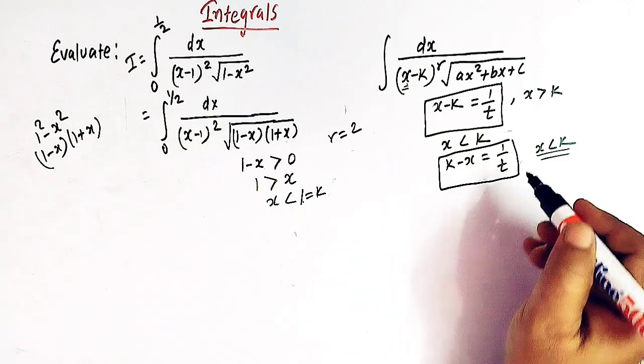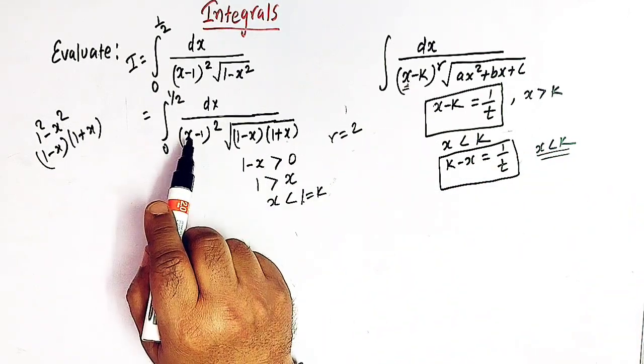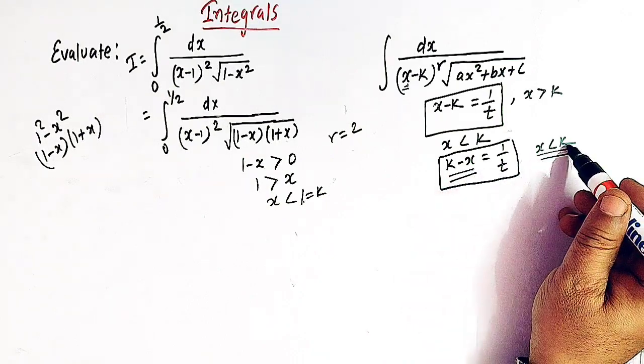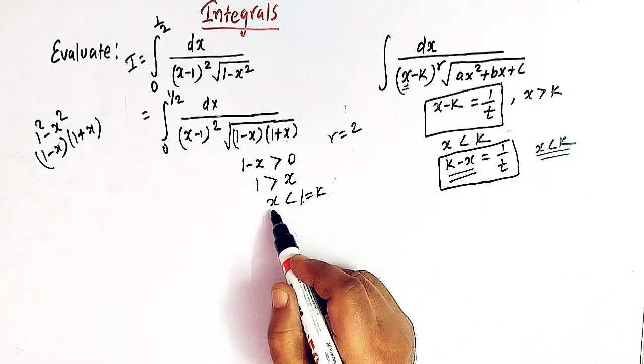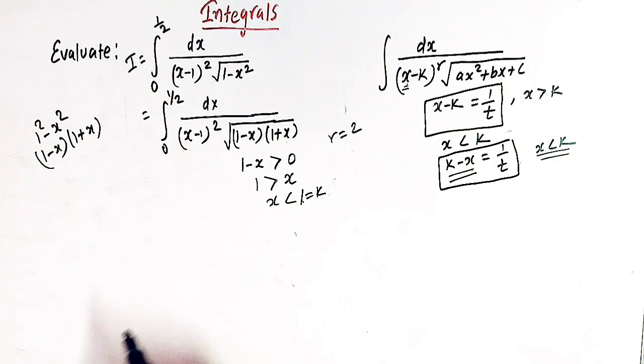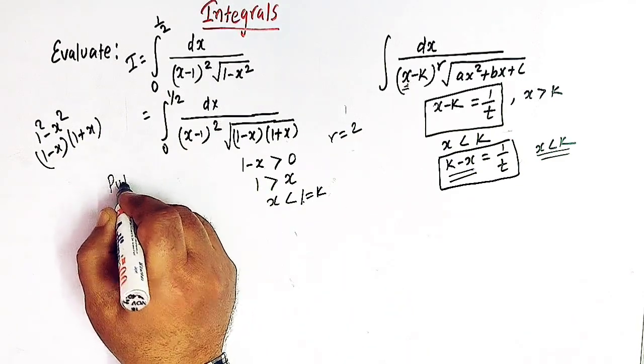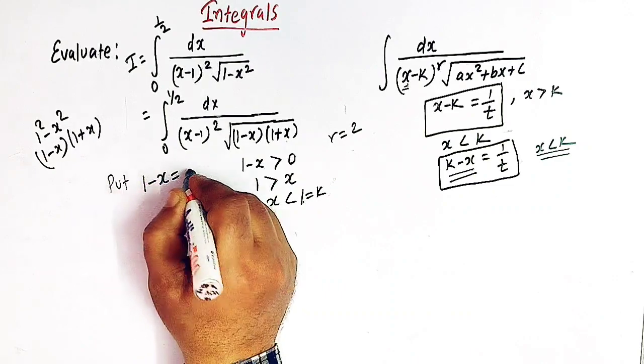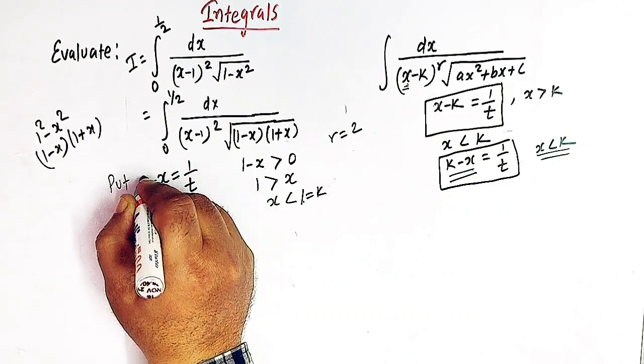To solve this integral, because x is less than k and k is 1, so x is less than 1, we'll take the substitution 1 minus x equal to 1 over t.